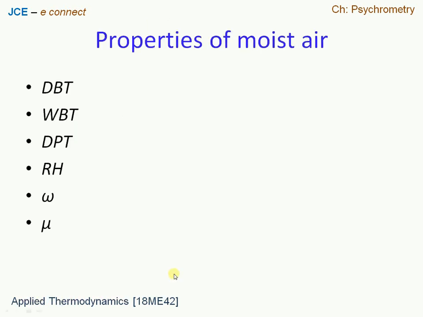In the last class we looked at different properties of moist air: dry bulb temperature and wet bulb temperature, and we know that using a sling psychrometer one can find out the dry bulb temperature and the wet bulb temperature. Dew point temperature is something we studied looking at the T-S plot.